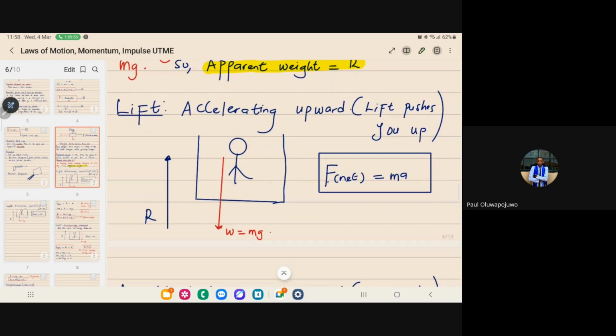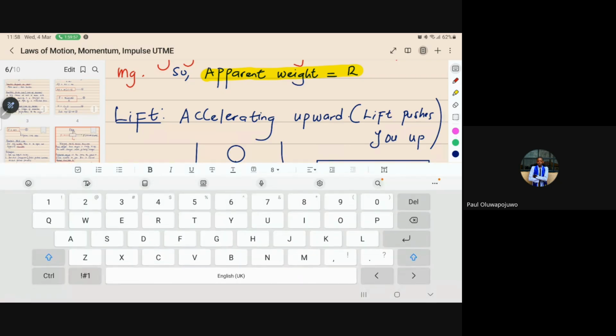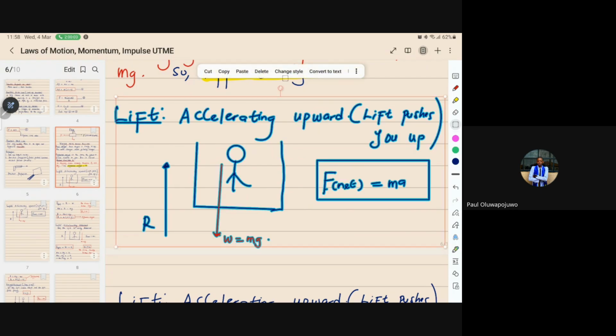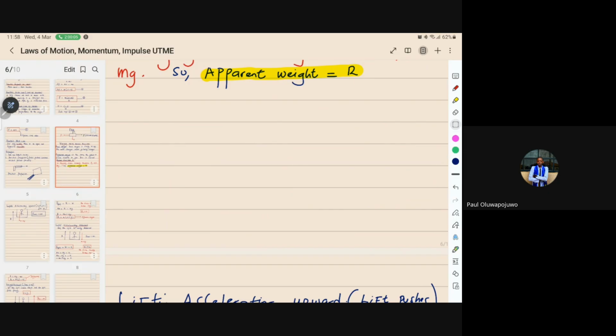Let me check it. Meanwhile, I want to correct all of this. Anybody that has my other line can forward that question to that line.